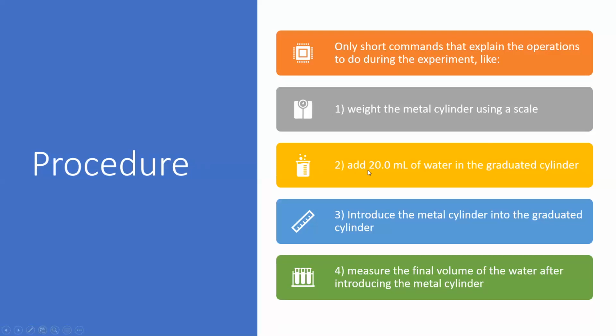Number two, add 20.0 milliliters of water in the graduated cylinder. Number three, and so on, you will express the commands. As you can see, they are orders, very short, very straight into what you are going to do.